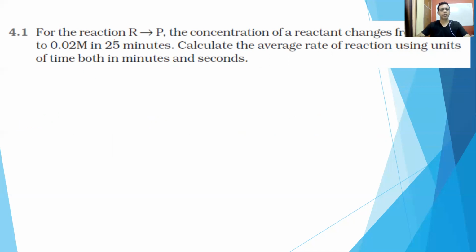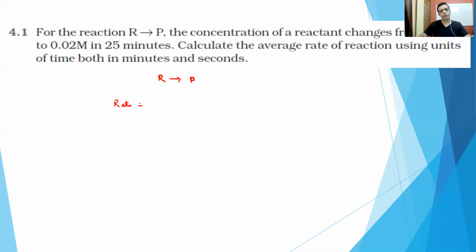The first question is, for the reaction R gives P, the concentration of the reactant changes from 0.03 molar to 0.02 molar in 25 minutes. Calculate the average rate of the reaction using the unit of both minutes and seconds, time in minutes and time in seconds. So the reaction is R gives P. So how to express the rate?